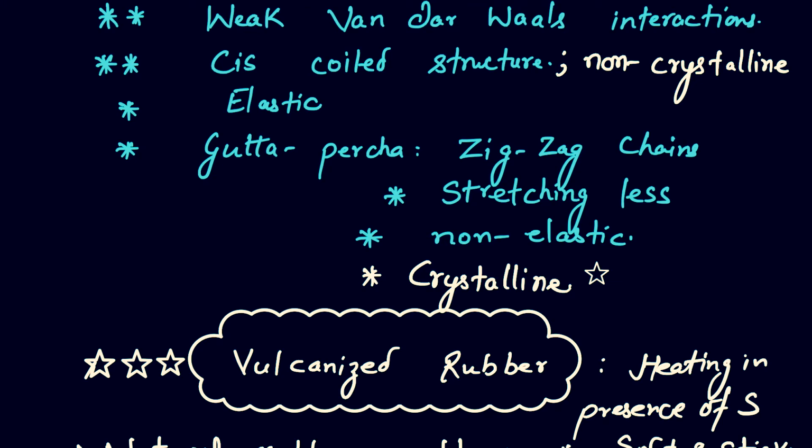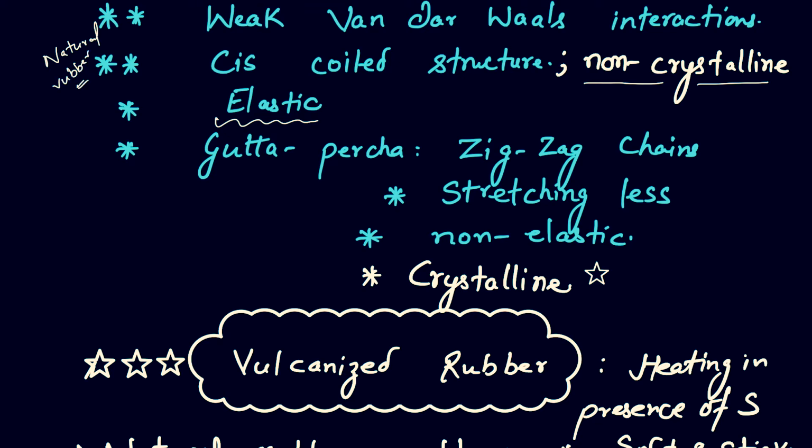Now, natural rubber has weak van der Waals forces of attraction. It is cis coil structure and it is non-crystalline. It is elastic in nature. So these all are the properties of natural rubber.